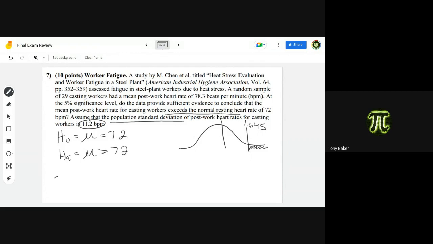Now I've got to find my Z from what they gave me. The average that they had was 78.3. So 78.3 minus 72, divided by 11.2 divided by the square root of 29.